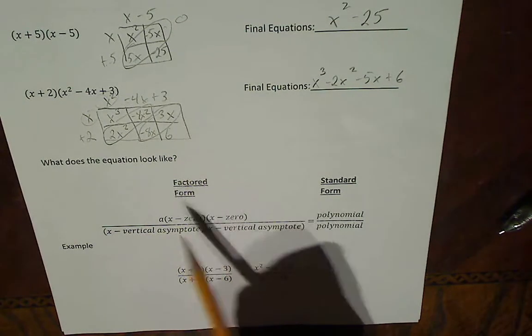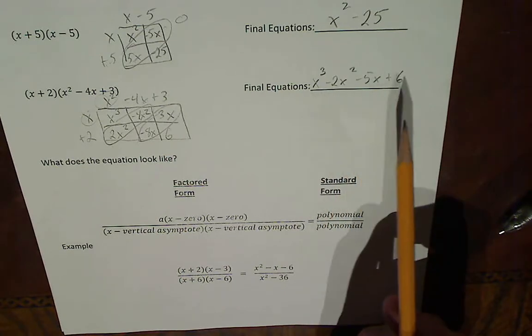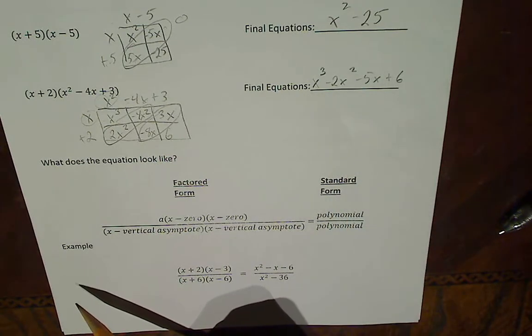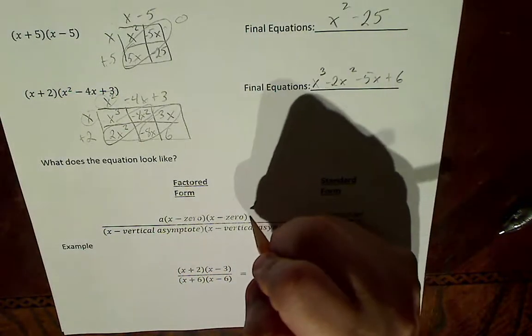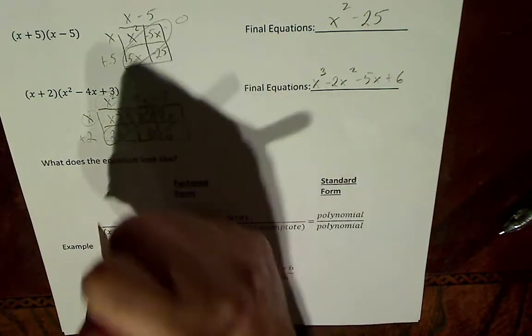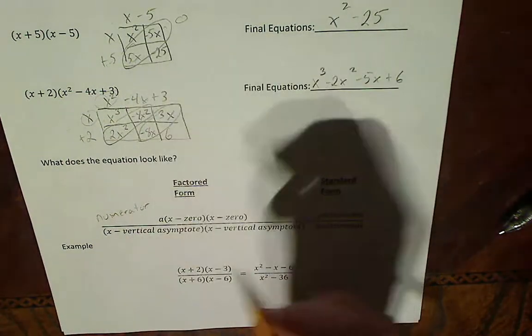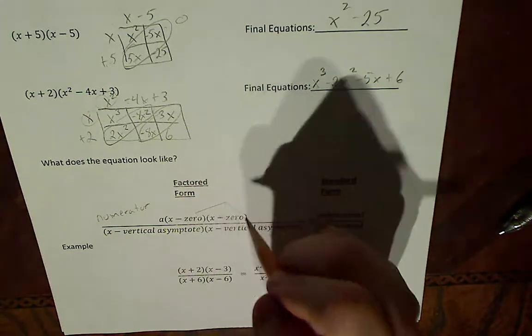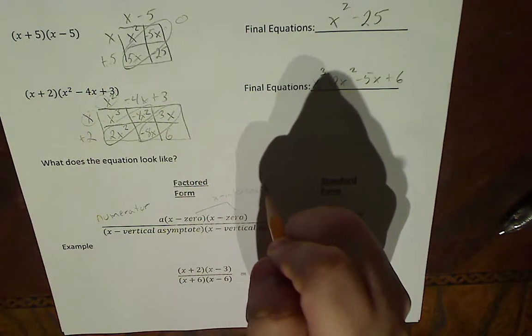So to give you an idea of what you're looking at, we're looking at factored form and standard form. This is what your standard form is going to have, two polynomials that look like this. You have the zeros in the top, so your numerator gives your x-intercepts, which we call zeros.